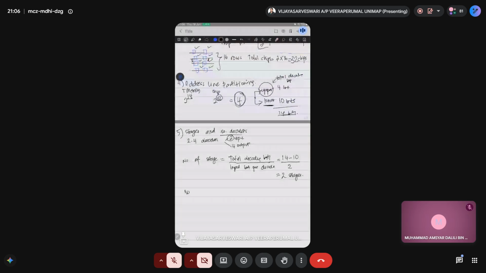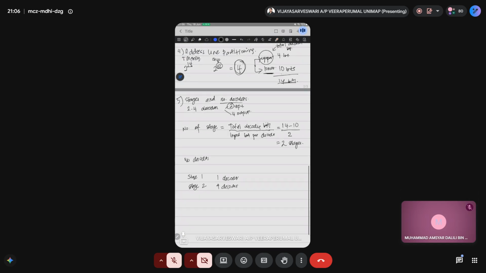In order to find the number of decoders, you will have stage 1 and stage 2. In the first stage, usually we will have one decoder, and in the second stage you will have 4 decoders. Why do you need 4 decoders in the second stage?